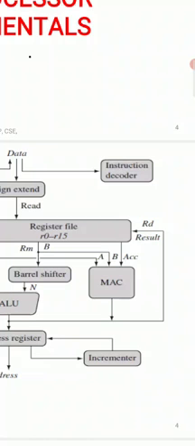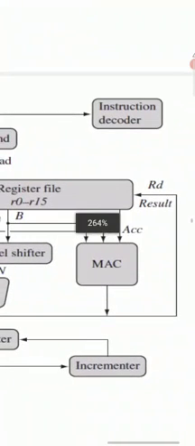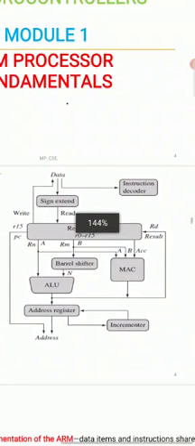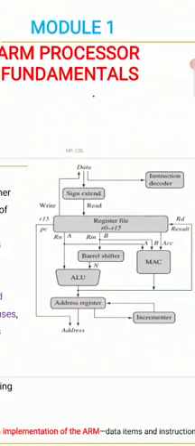Next, the incrementer: for load and store instructions, the incrementer updates the address register before the core reads or writes the next register value from or to the next sequential memory location. The processor continues executing instructions until an exception or interrupt changes the execution flow. If you write this diagram, you'll get full marks.